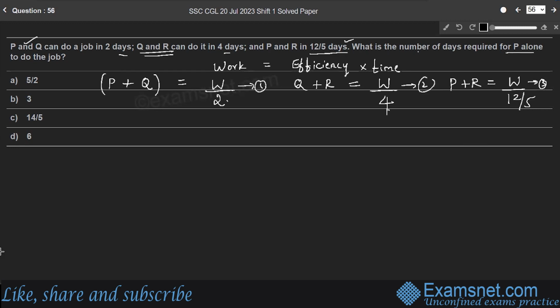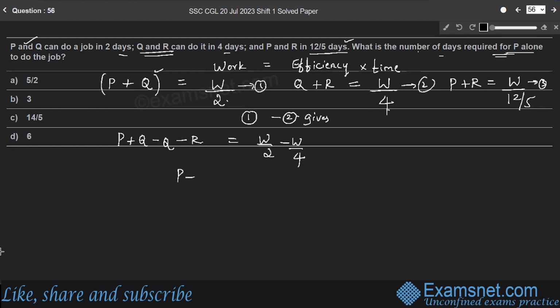So here we need the number of days required for P alone, right? So the remaining terms we need to delete here. For that, we'll subtract equation 2 from 1. 1 minus 2 gives, right? So P plus Q minus Q minus R. Minus of plus becomes minus R is equal to, the right hand side becomes W by 2 minus W by 4.